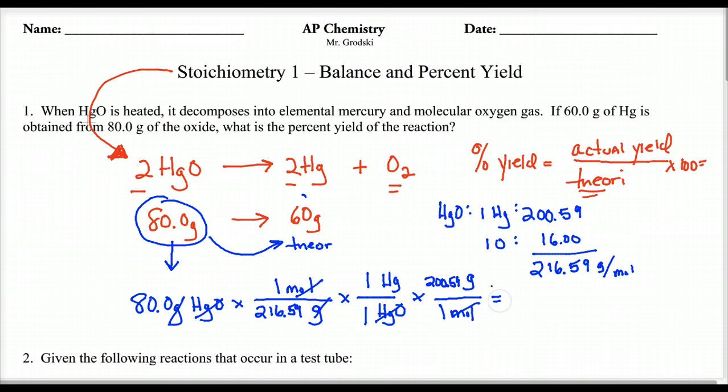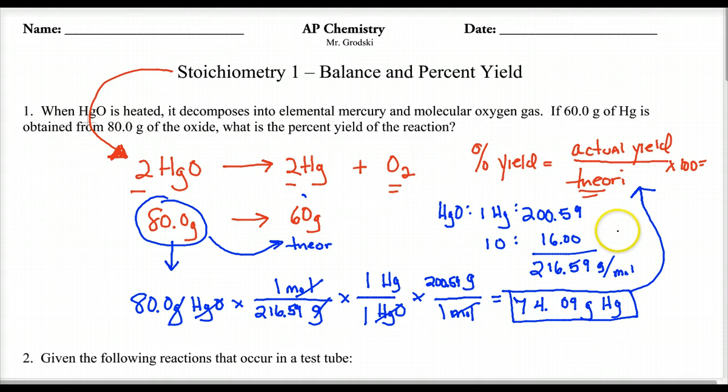We put that through our calculator, and what we get is 74.09 grams of mercury. That is our theoretical value. That's the value that we would have gotten assuming there is absolutely no error. That's the maximum amount of mercury that we can expect to produce in this reaction. And that is going to be our theoretical.